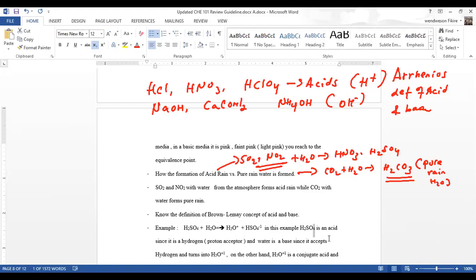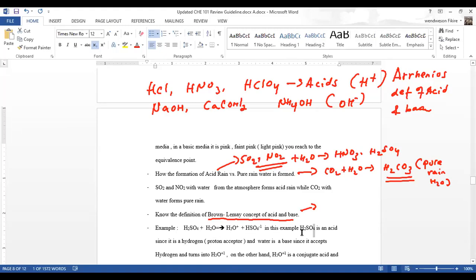But the Bronsted-Lowry concept of acid and base is different. Here is an example given to you. Sulfuric acid reacts with water, giving you H3O+ and HSO4-.